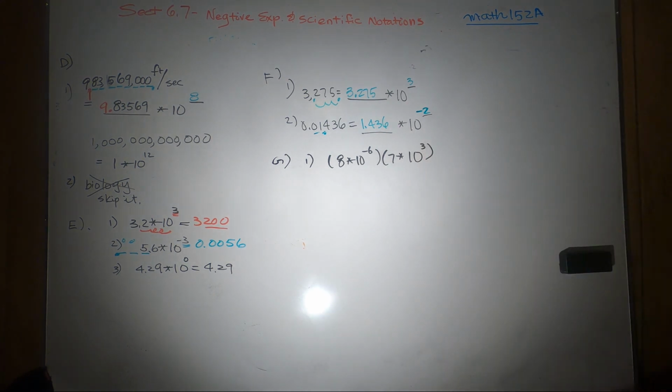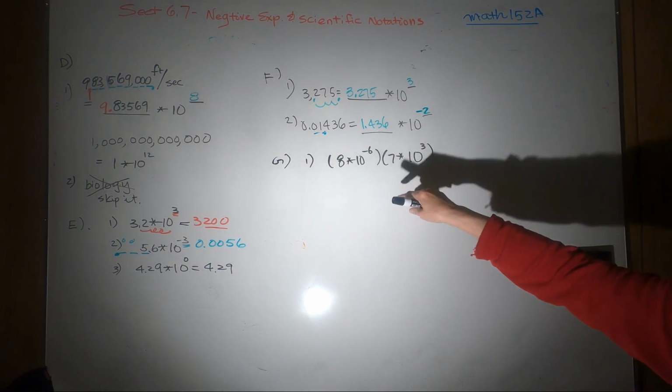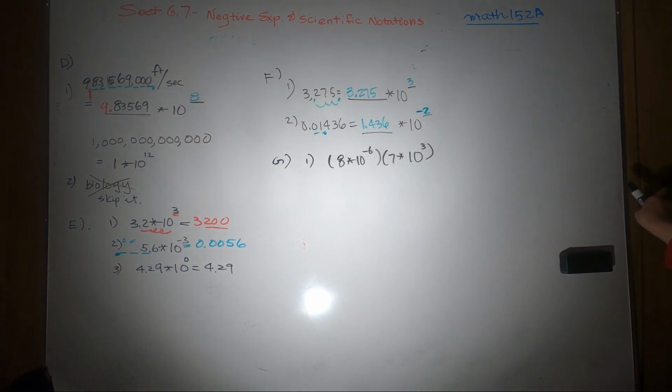It's easier to operate with scientific notations. Instead, you have a small number 0.00008 times 7,000, right? Then you have to do your decimals, cancel your zeros. This way we do it with scientific notations will be much easier and better for accuracy as well.